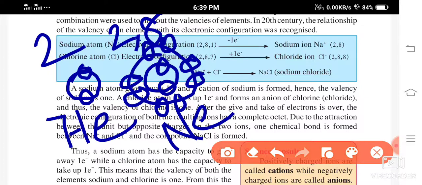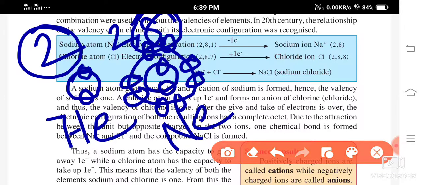Now see, if the atoms are having only one shell, then it has to occupy 2 electrons, and then that atom is going to become stable. If it has 2 shells or more than 2 shells, then it has to attain the last orbit, the outermost orbit must contain 8 electrons, only then it will become stable.